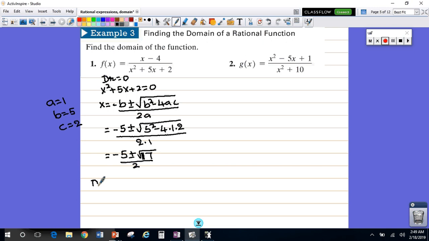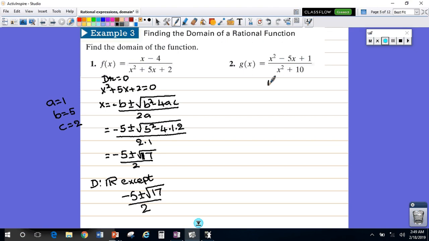So your domain will be the set of real numbers except negative 5 plus or minus square root of 17, divided by 2. Okay. Alright.